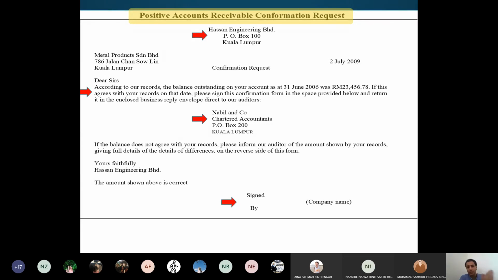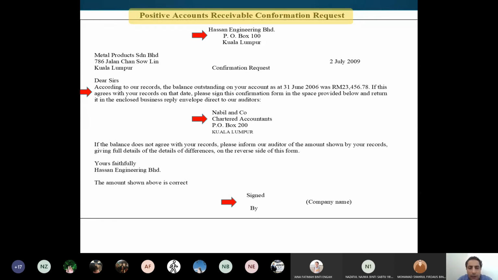The one who sends is the client, but based on the request of the auditor, who gives the list and asks them to please send positive confirmation letters to this list of customers, and negative confirmation to those customers.